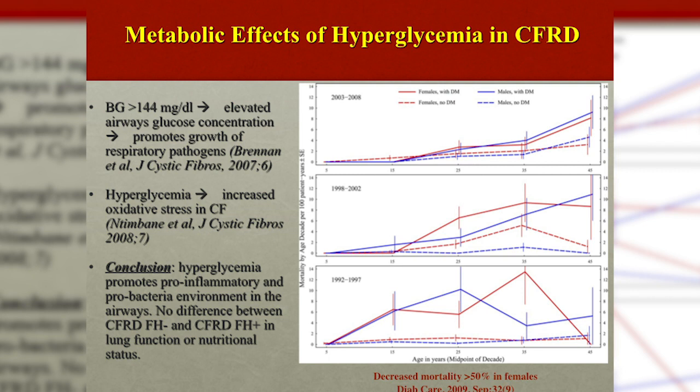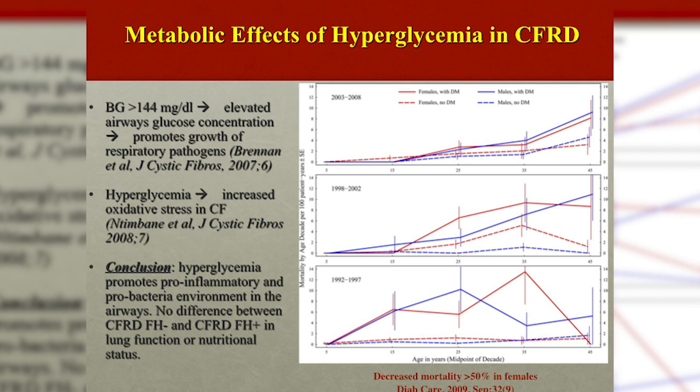Hyperglycemia increases oxidative stress in cystic fibrosis. And again, I'm not going to go into detail on all those studies, but the conclusion from many of them is that hyperglycemia creates a pro-inflammatory, pro-bacterial-growth environment in the airways.